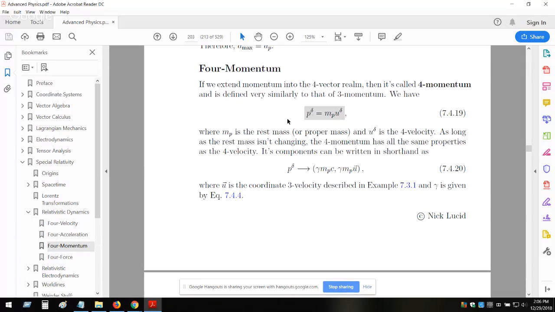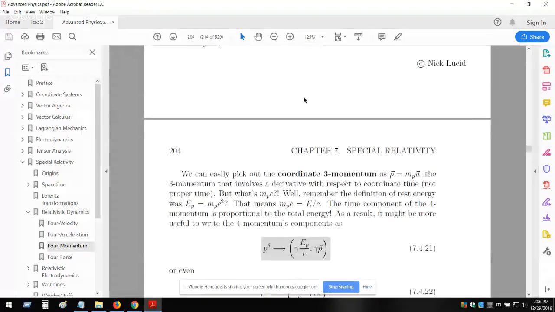If you take that and you square it, which is what you would do with the Pythagorean theorem to find the length of the side of a triangle, a squared plus b squared equals c squared, where a and b are the two directions and c is the total vector.